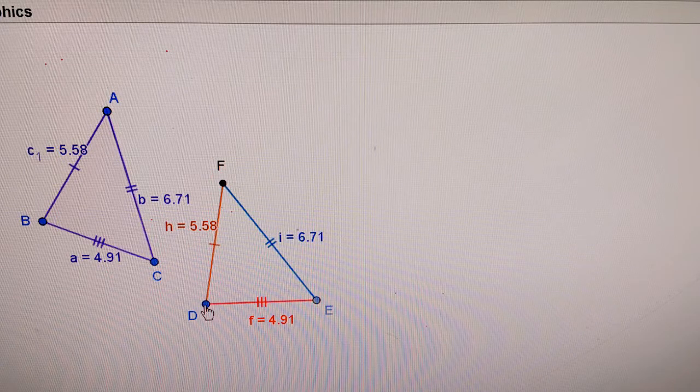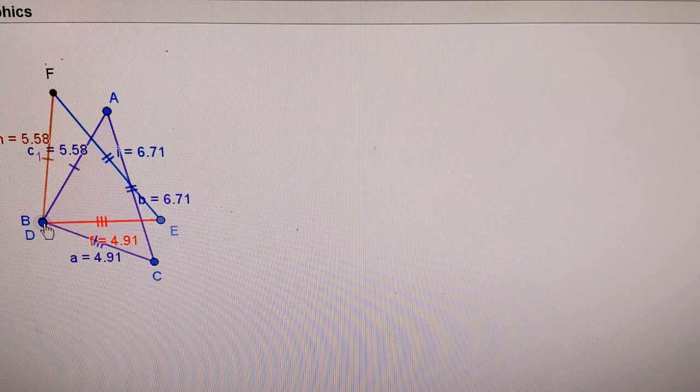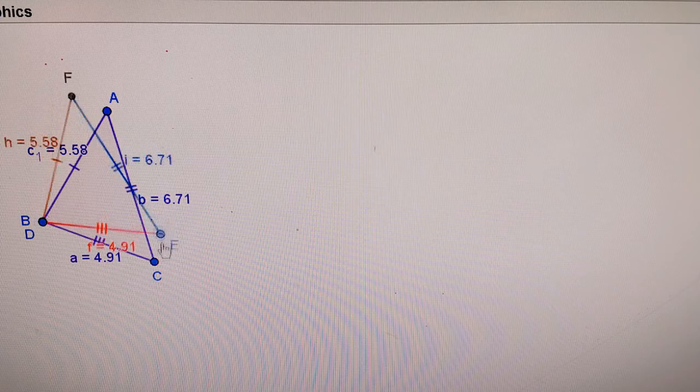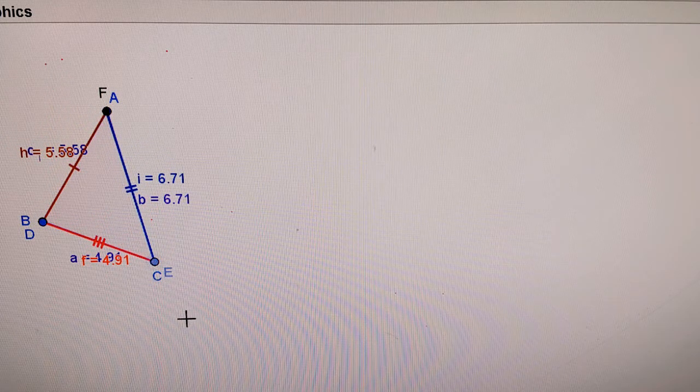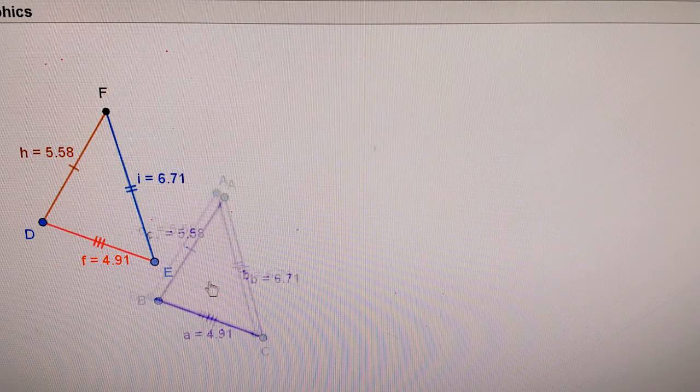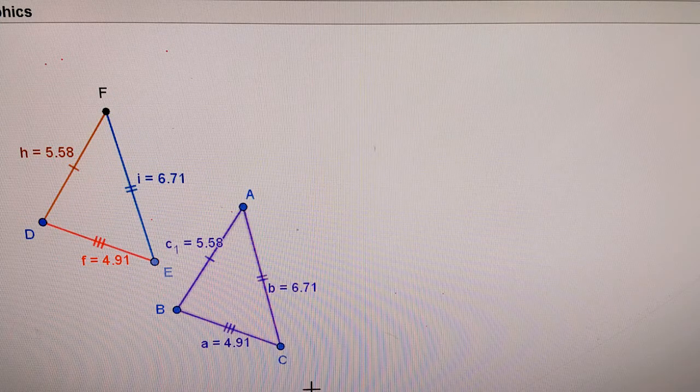Therefore, put point D at point B and coincide all the remaining elements with it. Yes, these two triangles coincide with each other, and hence we can say that these two triangles are congruent.